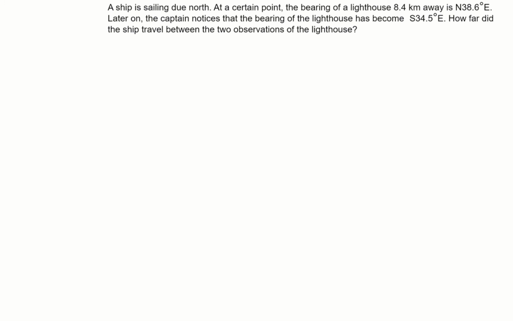All right, so let's go ahead and take a quick look at the situation in a diagram. Notice that we can basically think of the ship at some position going northward, and the first observation is north 38.6 east, so something like that.